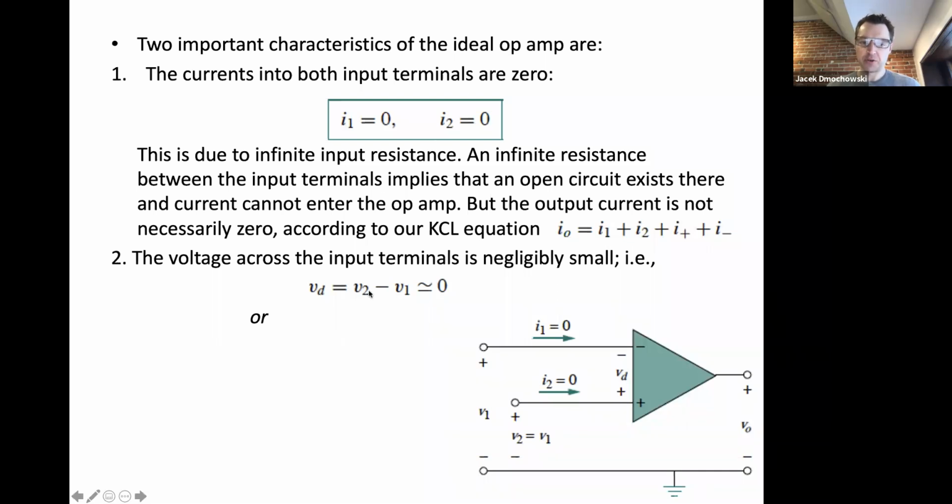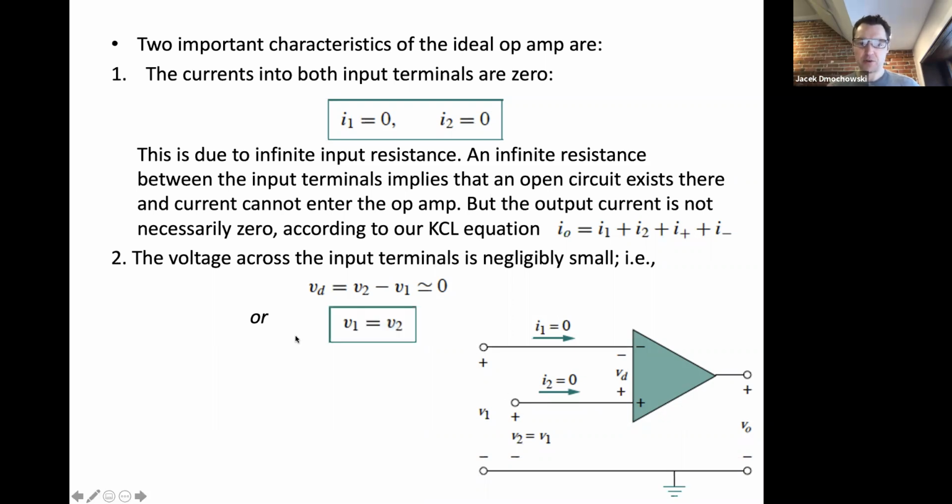What is strictly true is that they're always equal to each other. So the two inputs, which here are denoted by V1 and V2, you can think of them as being equal, and you can think of the currents as being exactly equal to 0. The input voltages are not always 0, but the input currents are.